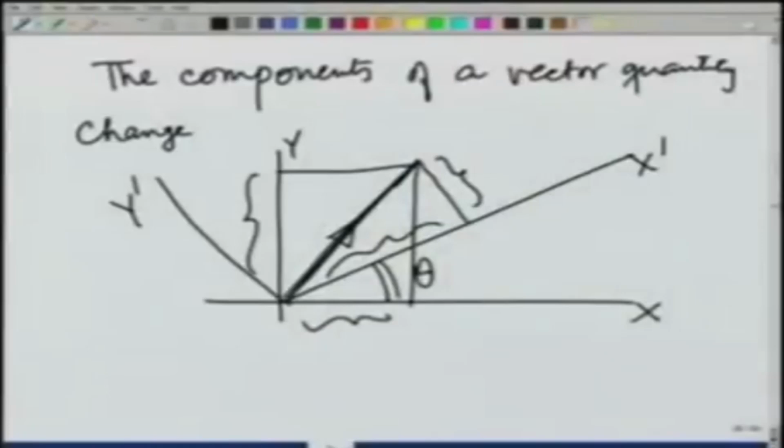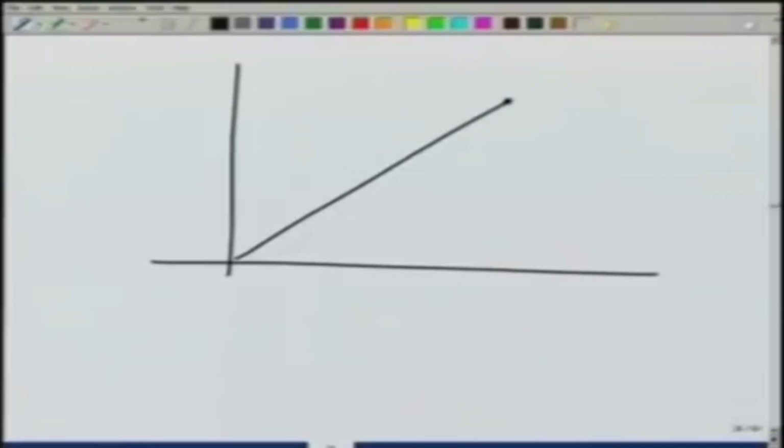So, let us say there is a vector pointing in a certain direction in the original frame x and y, so that this is its x component and this is its y component.